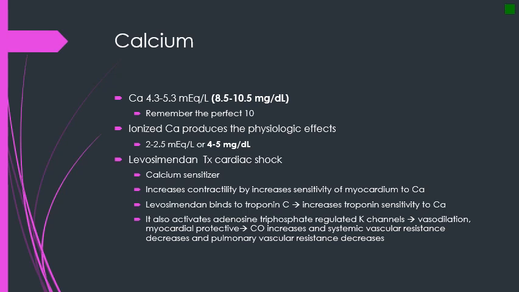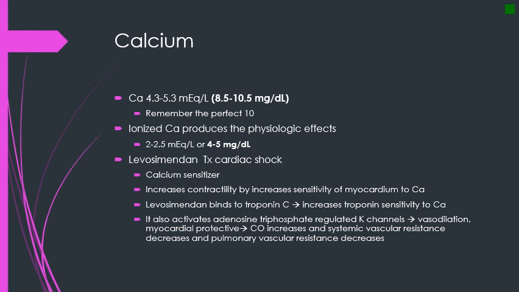I don't want you memorizing how many milliequivalents per liter, but I do want you to understand that calcium increases that inotrope of the heart and increases the venous and arterial constriction.